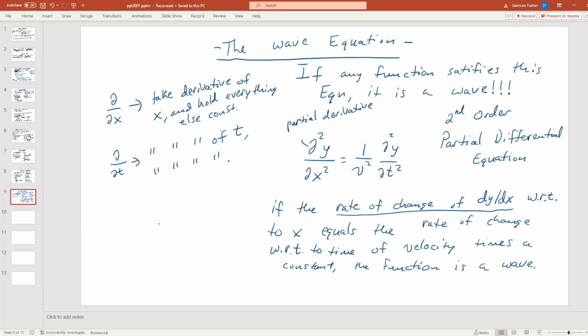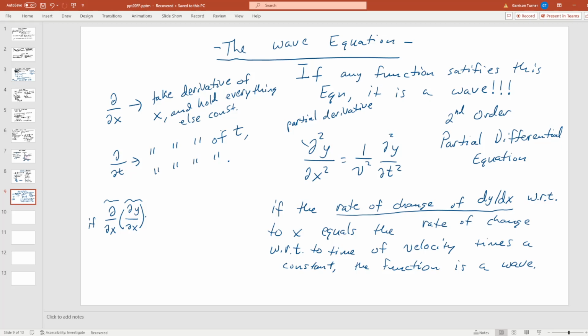Okay, now, if the rate of change of dy/dx is the derivative of that, so this is your dy/dx, and this is the rate of change of that.